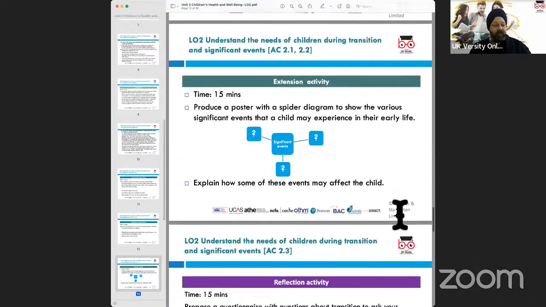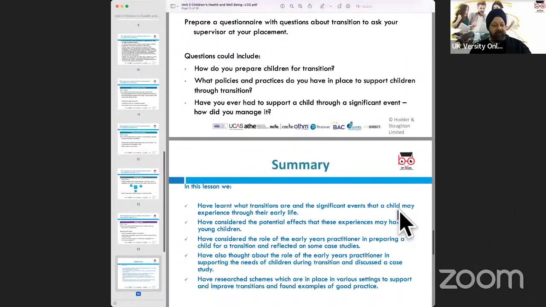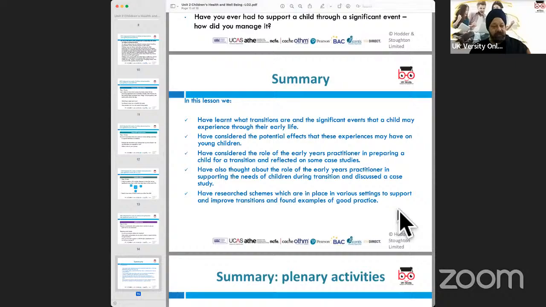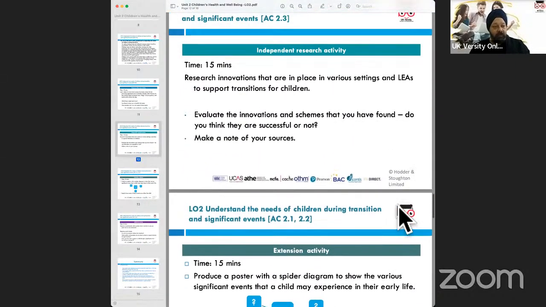That is what we went through yesterday, to understand some of the events and transitions known to us, how we cope, and how we help as early years practitioners in providing support to the family and the child, and in some cases making available resources and information.